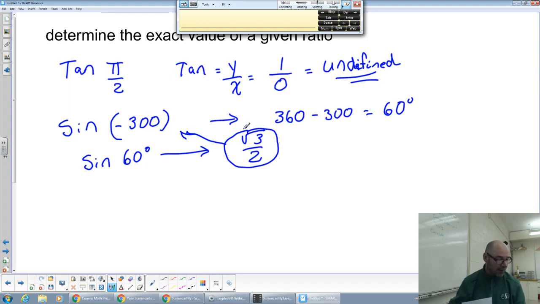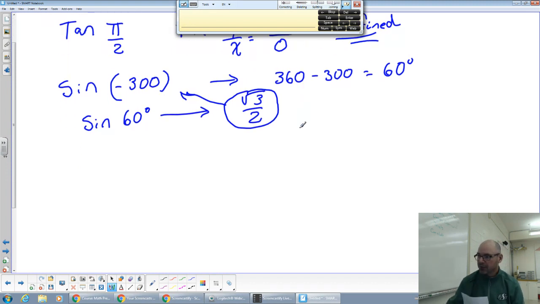Now let's do one that's a cosecant or a secant or a cotangent. Okay, so let's do a cosecant of 7 pi over 6. Okay, let me draw that a little better. 7 pi over 6.